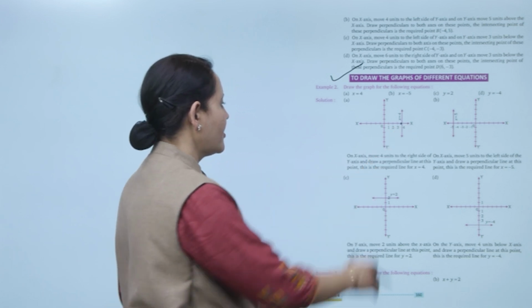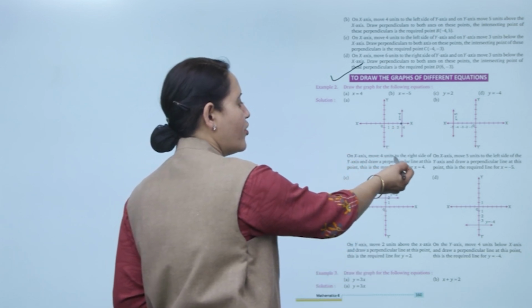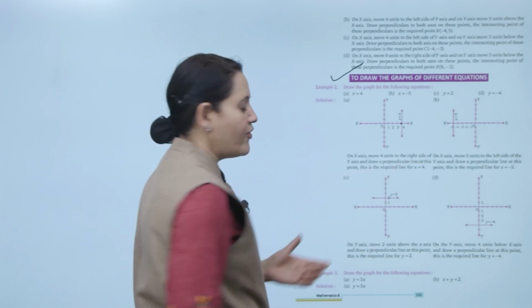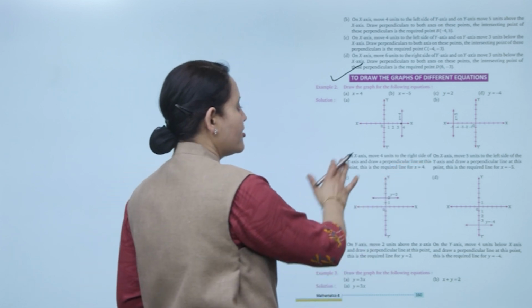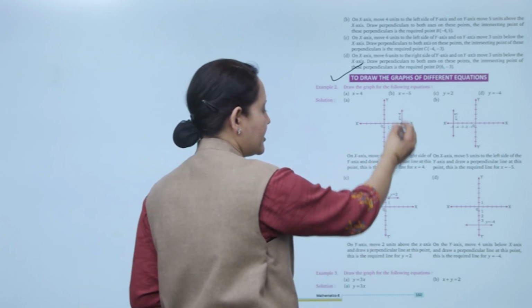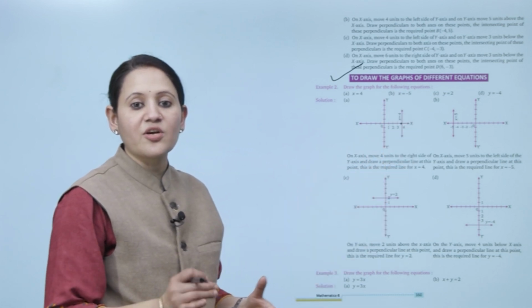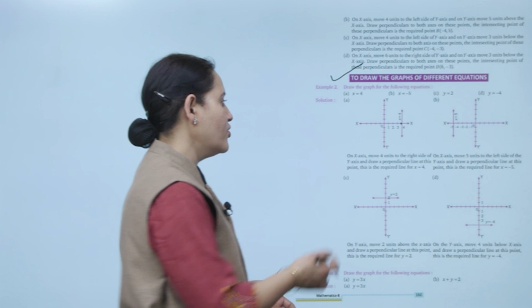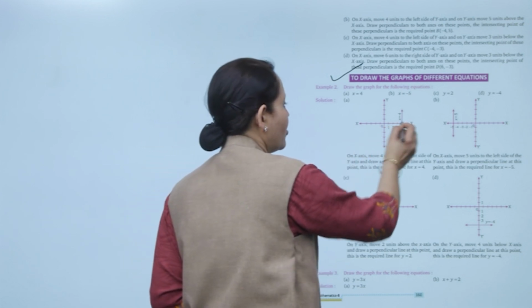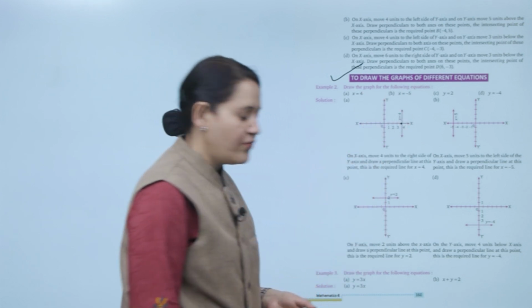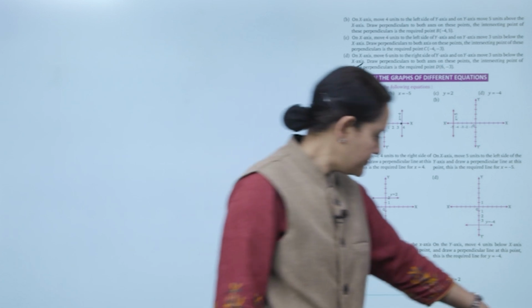Clear? On the x-axis move 4 units to the right side of the y-axis and draw a perpendicular line. Like this, we'll draw a perpendicular line at this point. This is the required line of x equals 4. So that will show x equals 4. Understand?